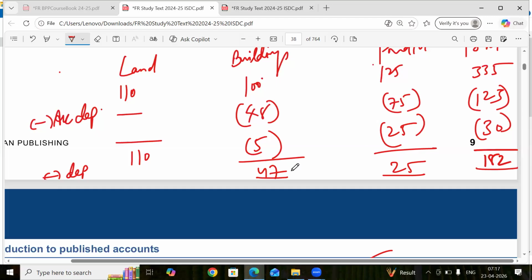These amounts will be shown in the balance sheet after deducting the accumulated depreciation and current year depreciation. Now these two amounts, when we total, the total depreciation comes to 30. Now this we need to divide amongst the respective accounts, which I told you.